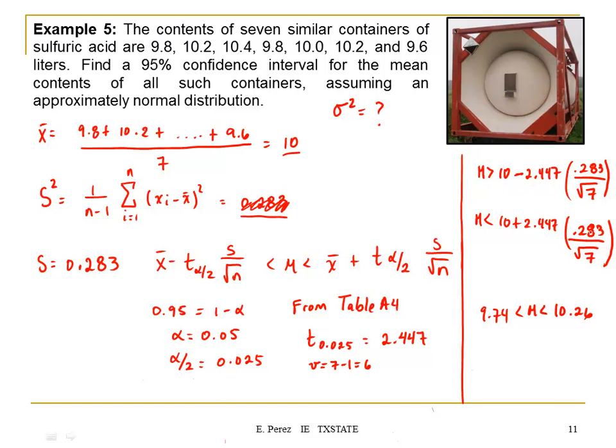If you want to decrease the size of this confidence interval, what would you do? Look at the formula. It has to do with the sample. If you increase the sample, you will reduce the size of the confidence interval.